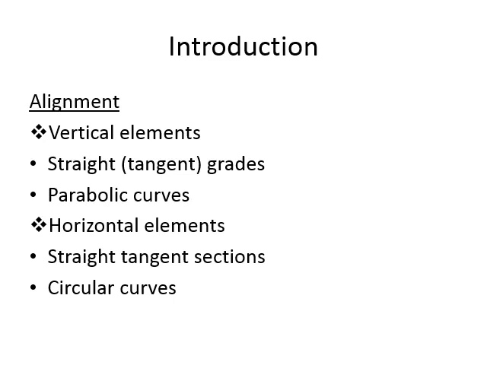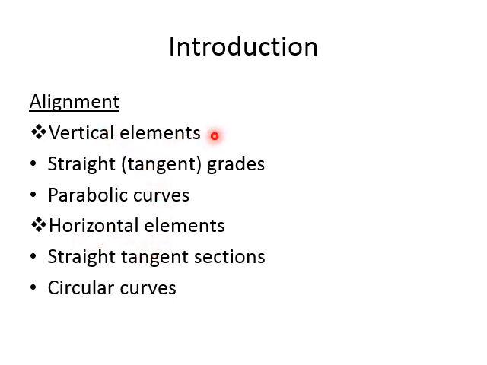The alignment of the highway can be divided into two planes, the vertical plane and the horizontal plane. And obviously the elements which you see in each plane are referred to as vertical elements or horizontal elements.